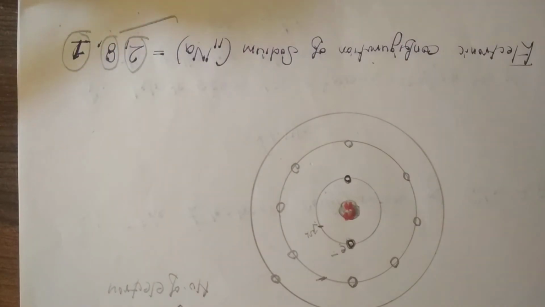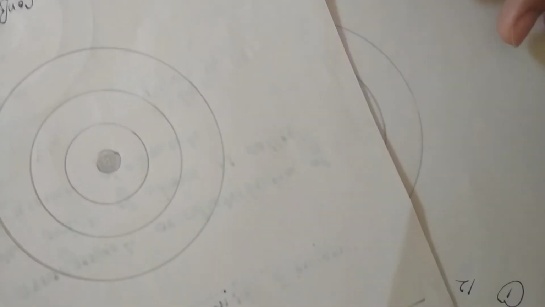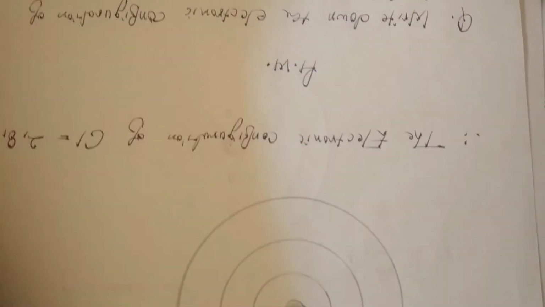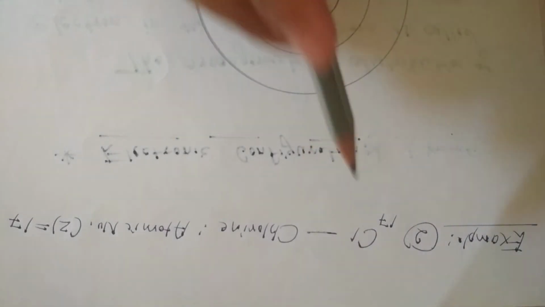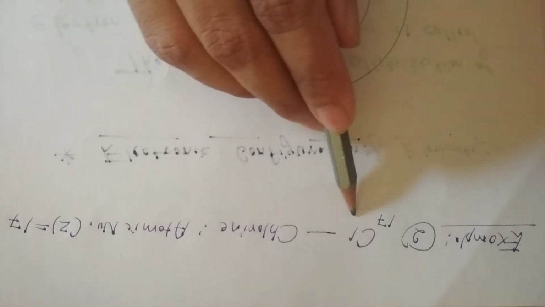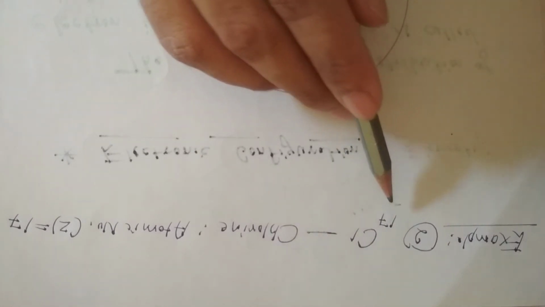Now look at another example. The other example is chlorine. Chlorine is represented by Cl and the atomic number is 17.